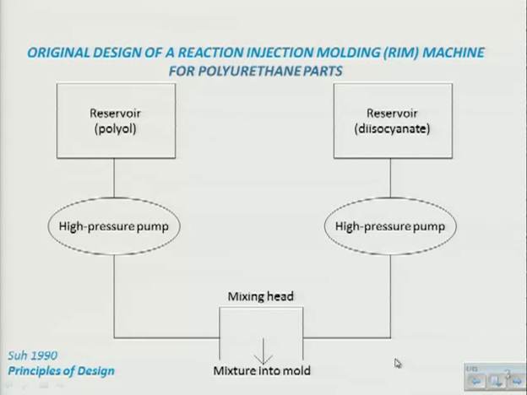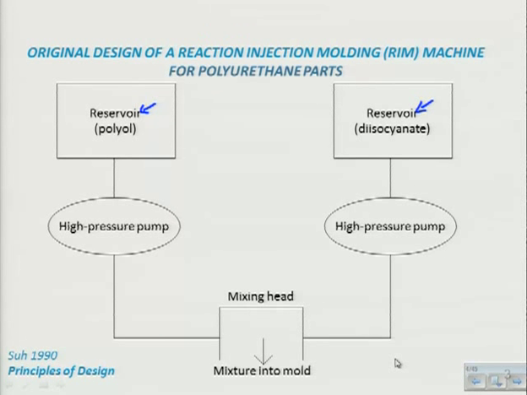And in this case, what we have is a reaction injection molding. So we have two reservoirs, and the components of those two reservoirs are going to mix and get injected into a mold. The original design went to MIT, and when I was a graduate student, I went by while they were working on this or a similar project.